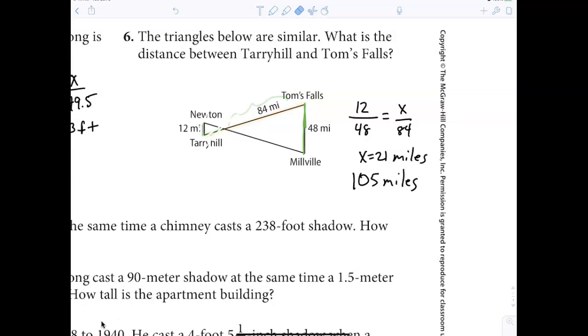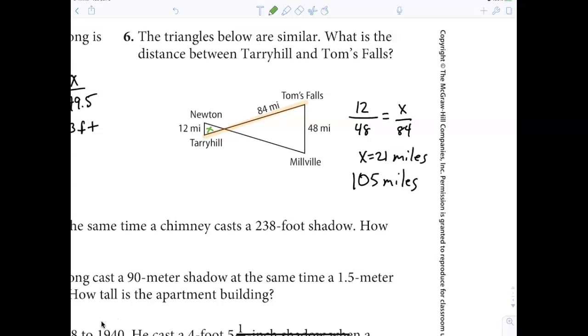So let me show you what that is. They want from here to here. You see it now? Because we just said X was that little piece right there. You agree with that now? Do you want me to continue or do you want me to try to say something else?